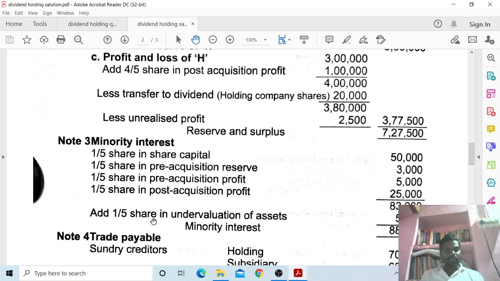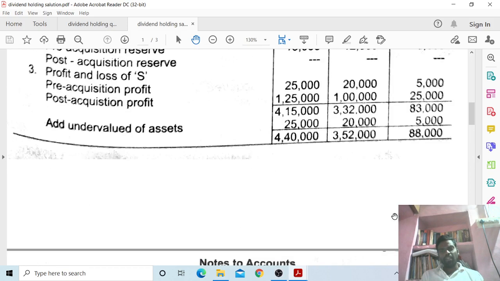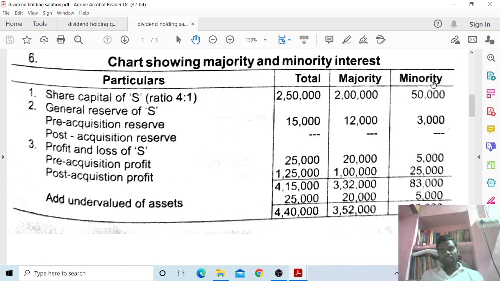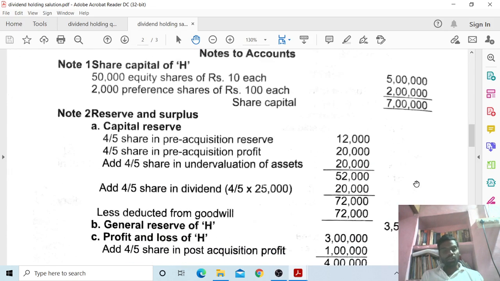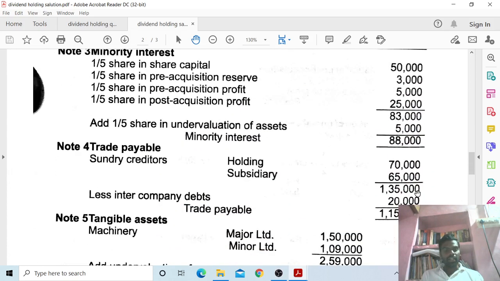Add 1/5 share in undervaluation of assets 5,000. Minority interest total is 88,000, the same as in the minority chart column, so put it in note number 3, minority interest.